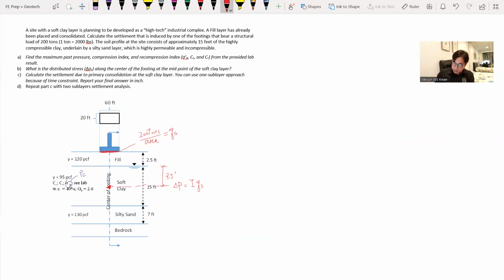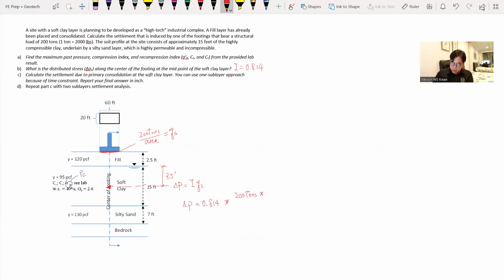And this time, let's give you the I value equal to 0.814. So we know the I value, and we can calculate the surcharge for the given 200 tons building loading. So delta P in this case will be equal to 0.814 times the 200 tons.